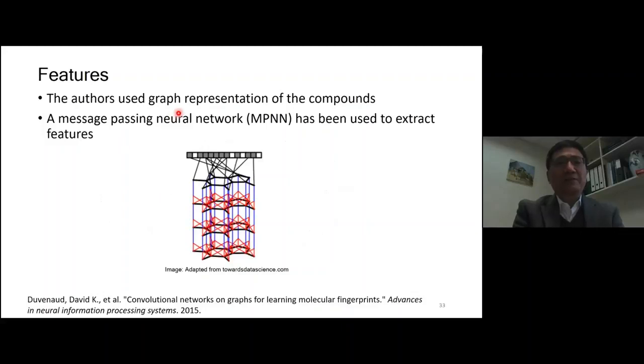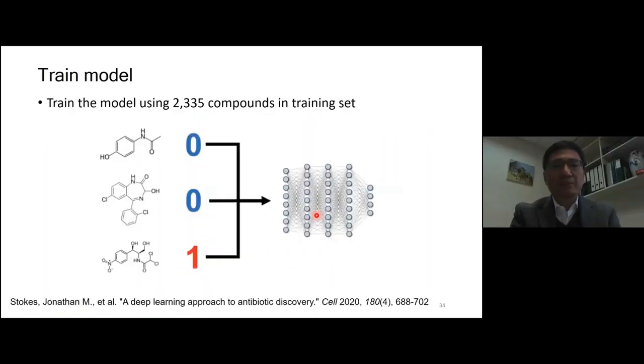And then we can use the graph representation of the compounds. And so the message passing neural network has been used to extract the features, as I mentioned previously. And we train the model. So in this case, we can train the model using these over 2,300 compounds in the training set.